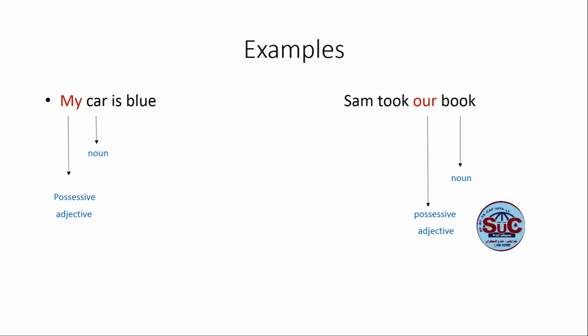If I remove the car from the sentence, it is meaningless. So it has to be followed directly by a noun in order to be completed in meaning. Also, we can use the possessive adjective either at the beginning of the sentence or after the verb at the end of the sentence. As another example, Sam took our book.